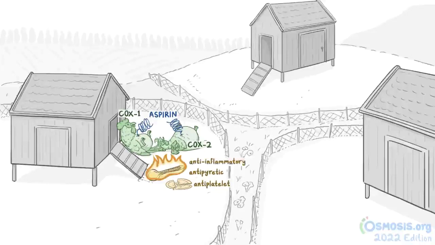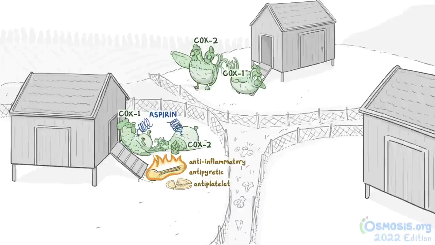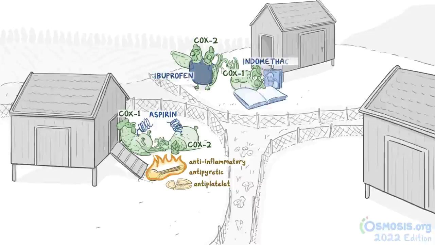Okay, now in the next coop, we have 2 similar roosters for COX-1 and COX-2, but they are still alive, because our reversible COX inhibitors are in this coop. Both of these roosters saw what happened in the first coop, so they took some preventative measures. One is wearing a bulletproof vest for ibuprofen, while the other is reading medical books because he's into medicine, or indomethacin.